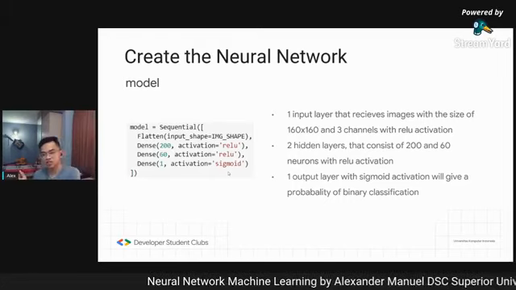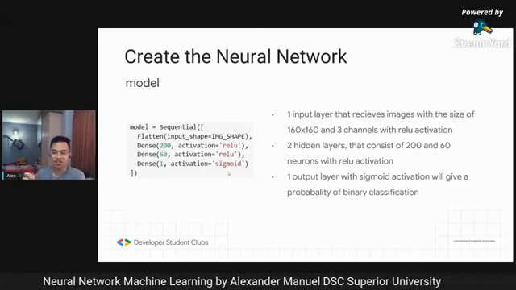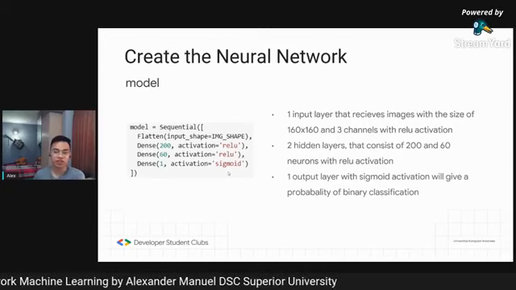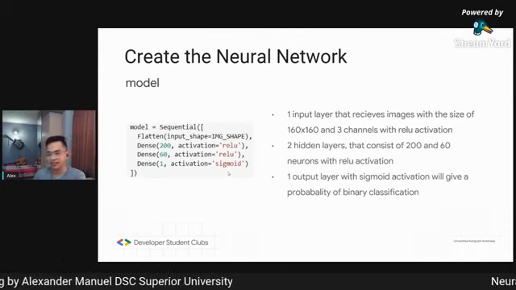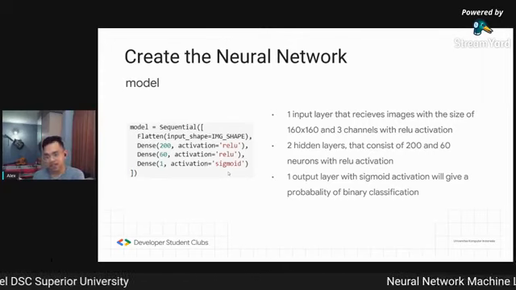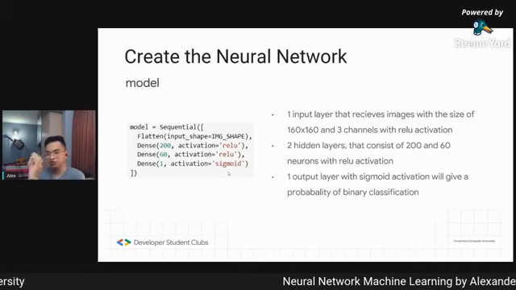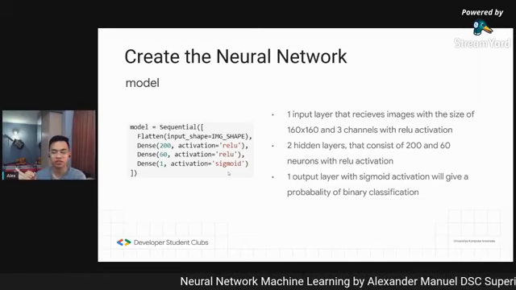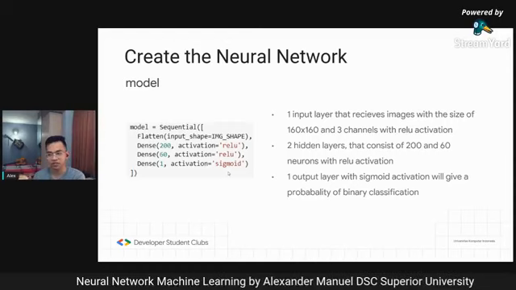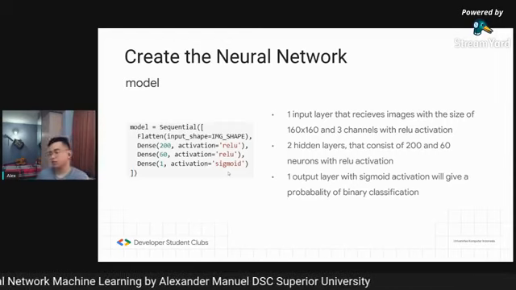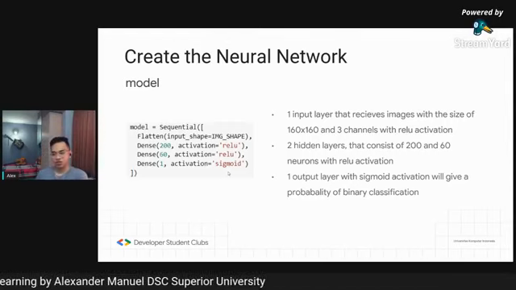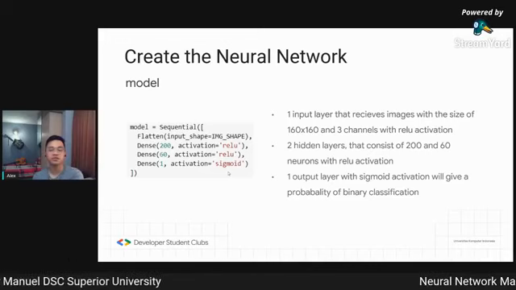And after that, we're going to use 60 neurons. And then the output layer, 1 neuron, going to use sigmoid to output the binary classification 1 or 0. So that's how you make a model.